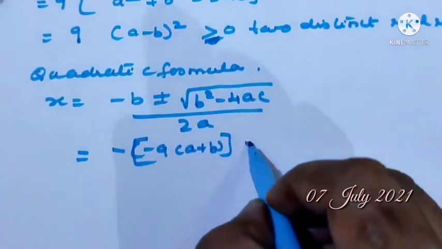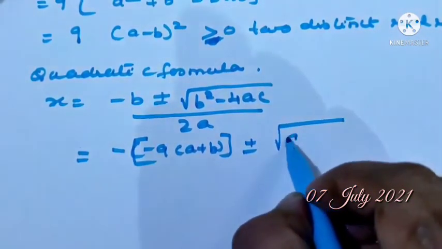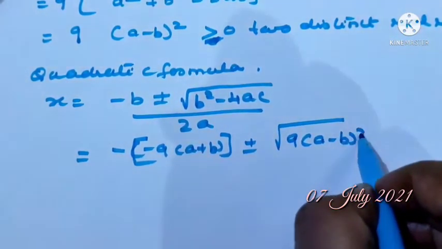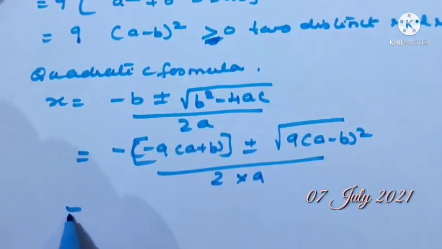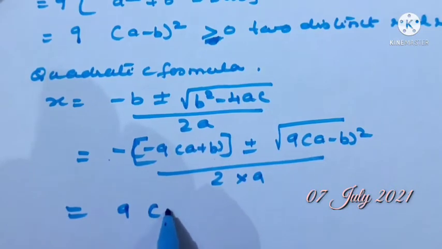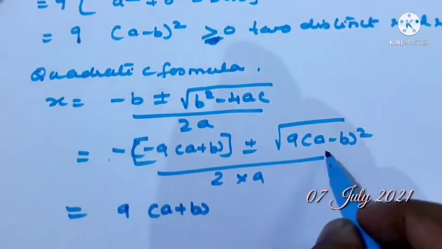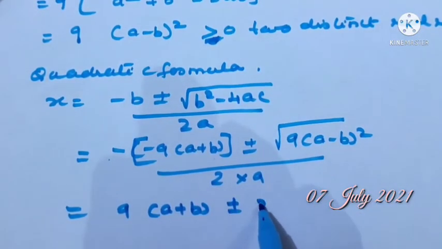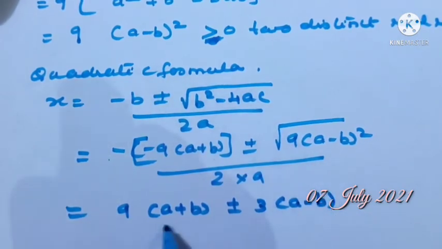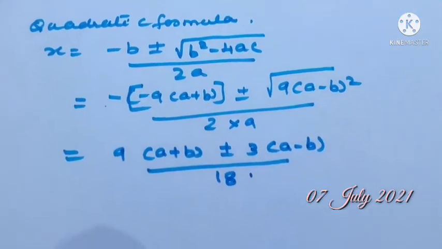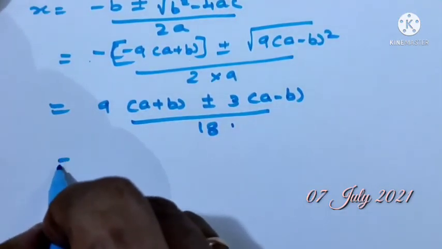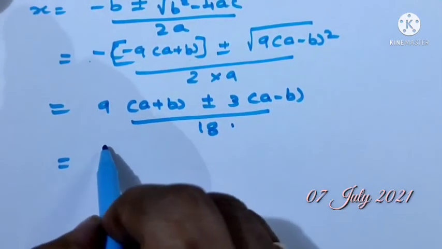So I put like this, plus or minus 9 into (a minus b) whole square, divided by 2 into 9. So minus into minus 9 only, 9 into (a plus b). Now root of this means plus or minus 3 into (a minus b), divided by 18. So again we have to simplify, little more big calculation is there.